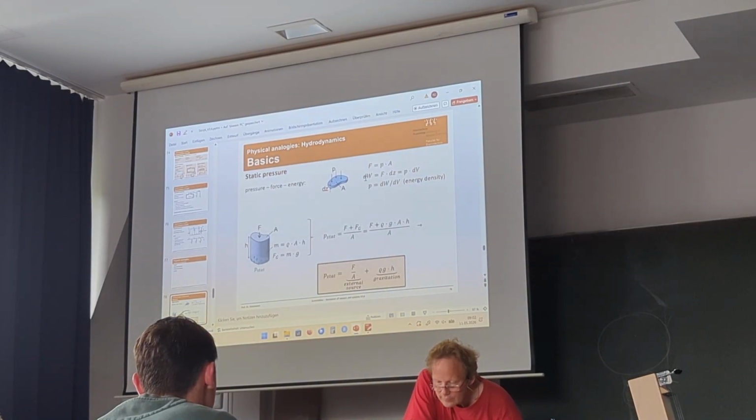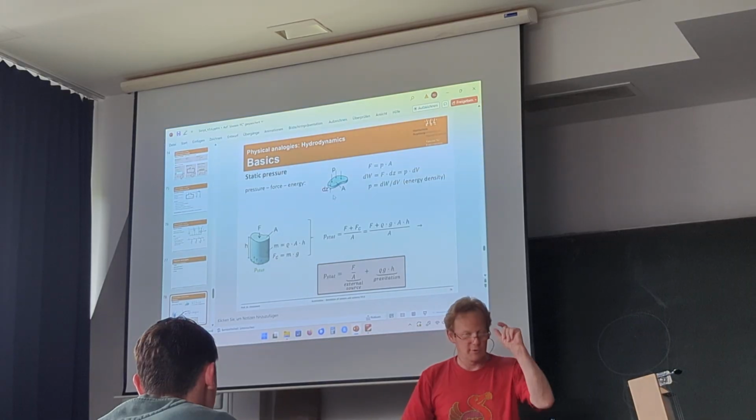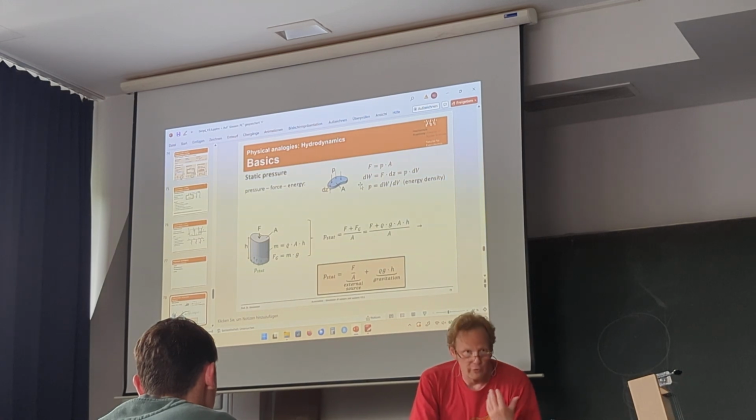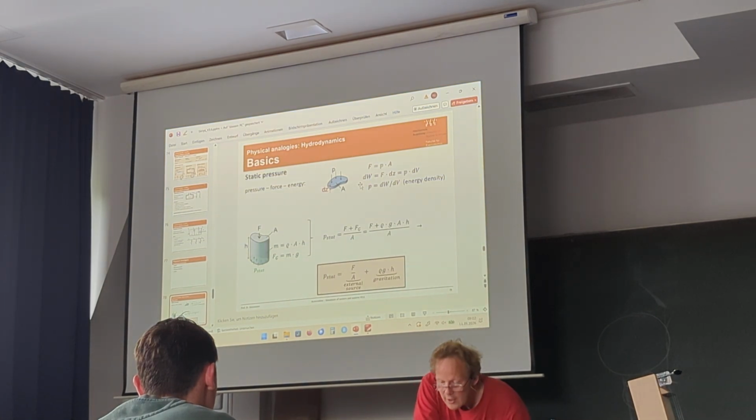And if due to this pressure the disk moves for, let's say, a very small distance, dz is close to 0, then we have acted a small bit of work, mechanical work, which is then force multiplied with this small displacement.